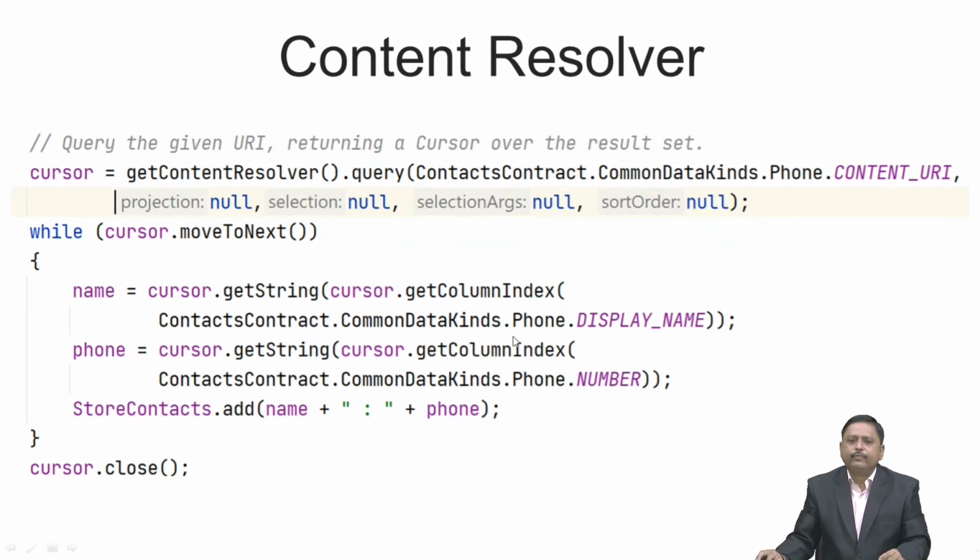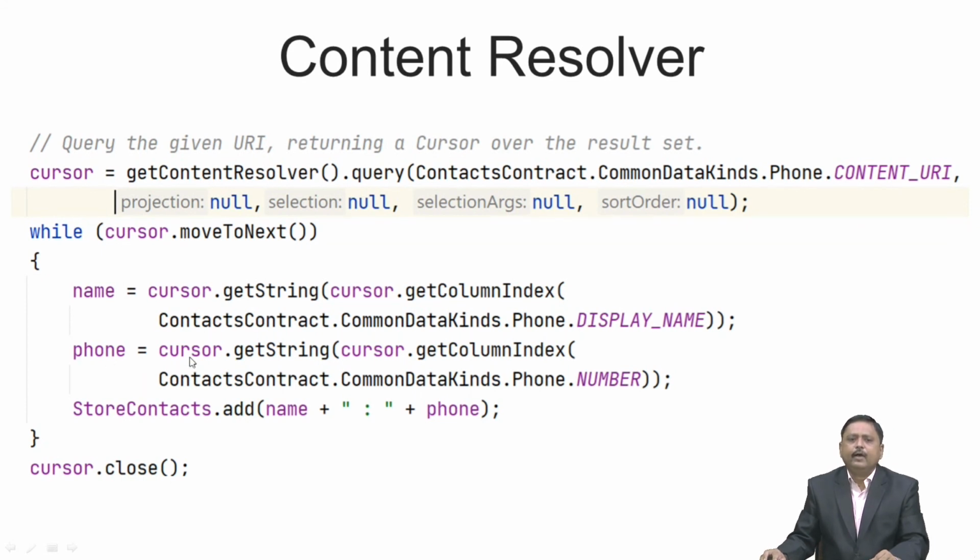So in case of database, we simply write 0, 1, 2 because we know where the fields are stored, but here we don't know the order exactly. So for that we have to write getColumnIndex and the column name that we want to refer.